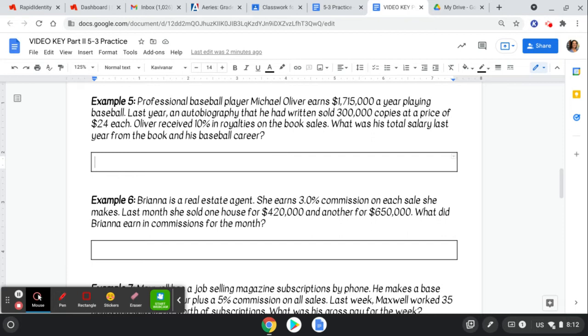And so first we want to see if there was 300,000 copies sold at $24 each. Let's get his total sales first. So grab your calculators, multiply that for me. 300 times 24. I'm getting 7,200,000.